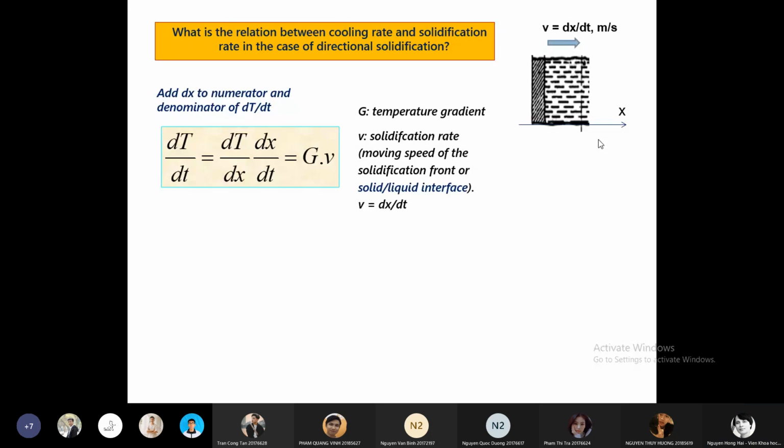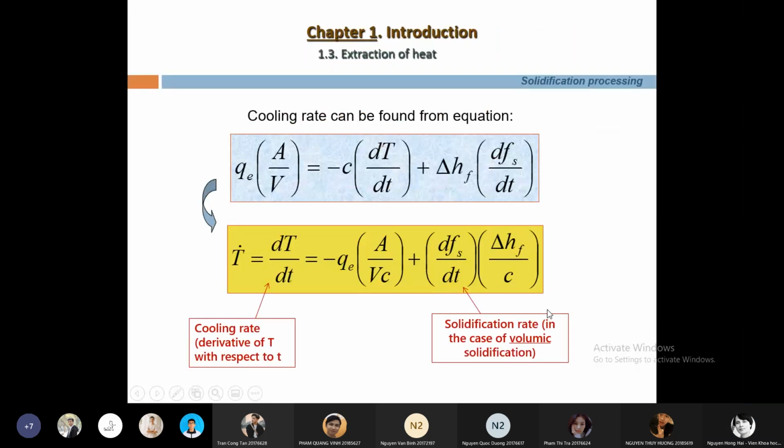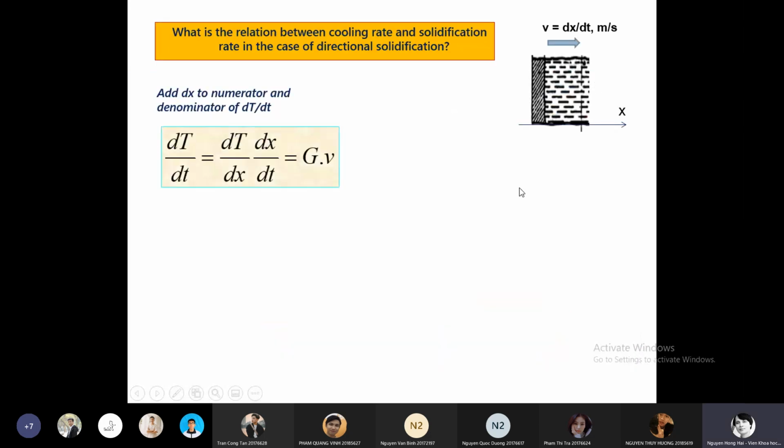We determine the solidification rate as the moving speed of the interface between solid and liquid towards the center of the liquid. So we use this one mainly in our course, not the other one.